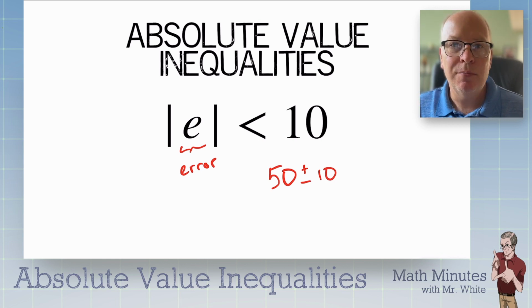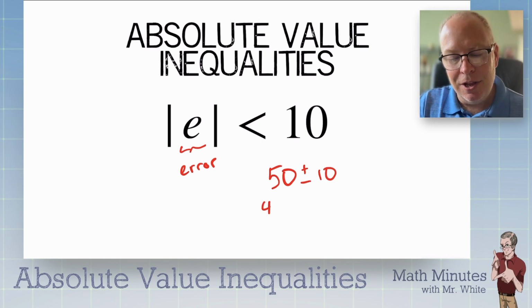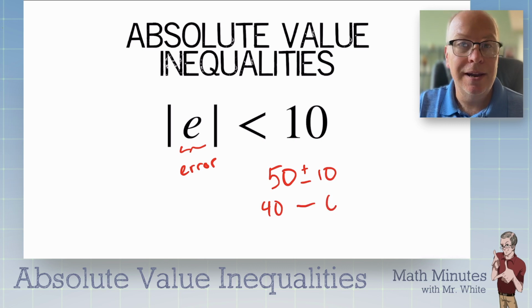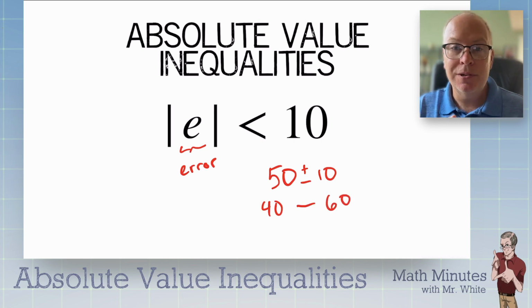I know that's a big error, right? So you could cut it as low as 40 and your boss would be okay. Or you could cut it as high as 60 and your boss would be okay. Even though you missed it by 10, that's what he or she told you, right? Is to be within 10.